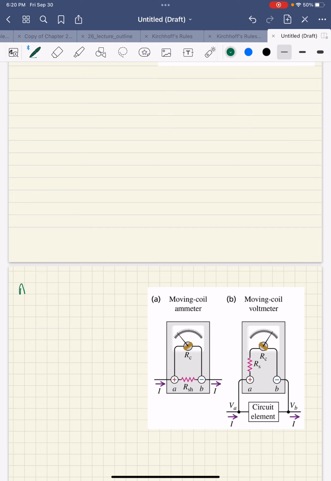Ammeters are for measuring current. They have very low resistance because they are going to be in the way of the current, so they will not block it.